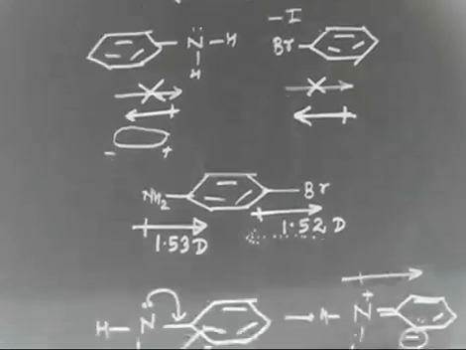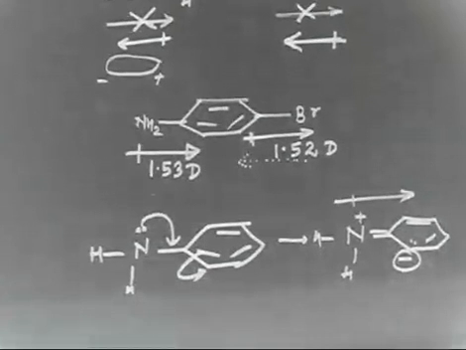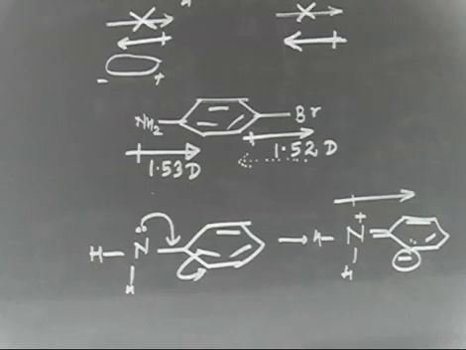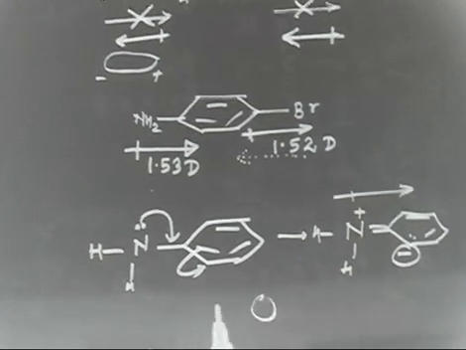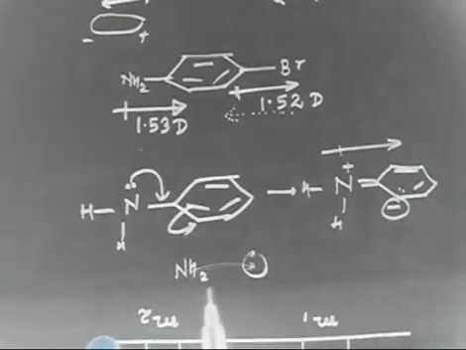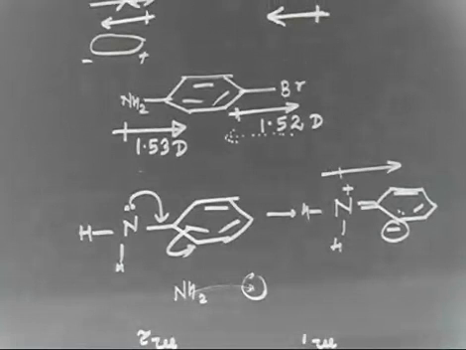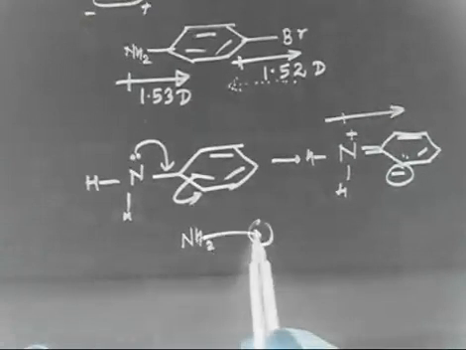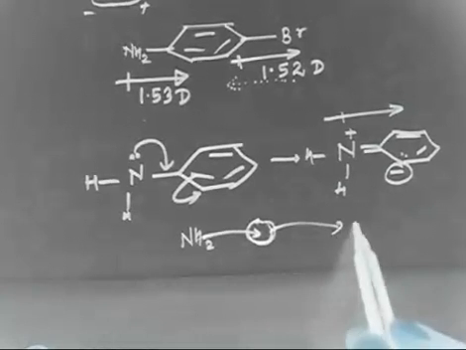Let us finish this one and then we'll go for the next problem. You can clearly say in bromobenzene, bromine is acting as a deactivator, that is an electron taker, and NH2 is acting as an electron giver. So NH2 is electron giving and bromine is electron taking.